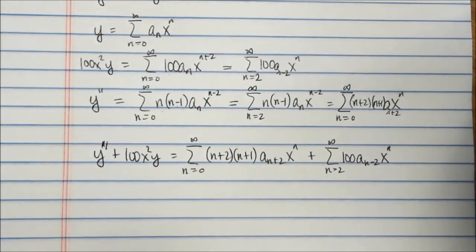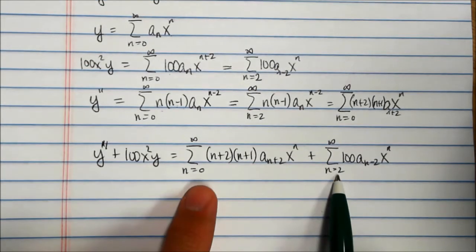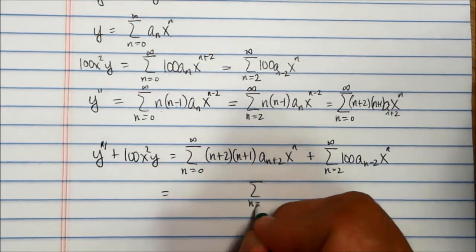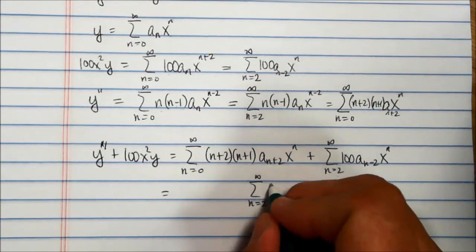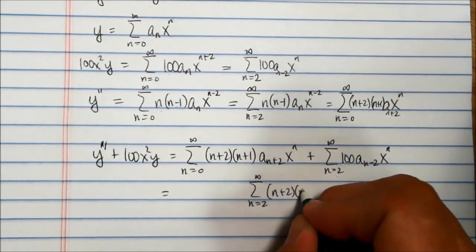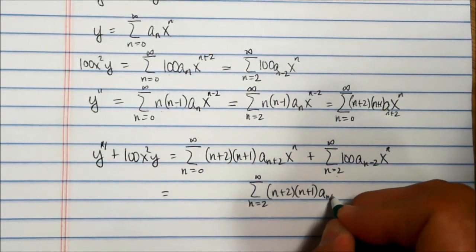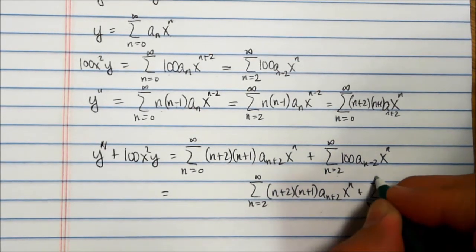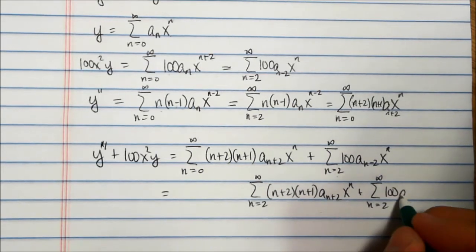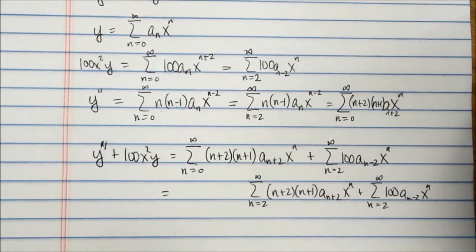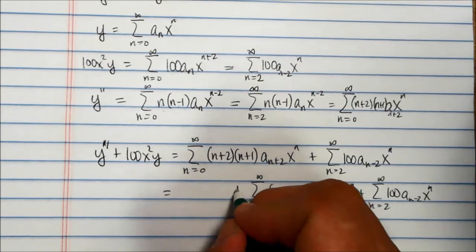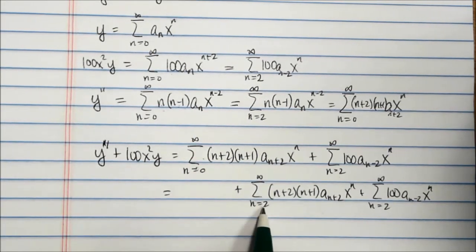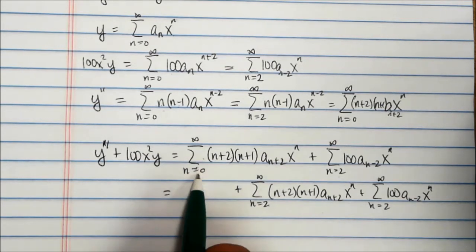And I've almost got this lined up to add up, except that these start at different places. So let's make them start at the same place, n = 2: (n+2)(n+1) a_(n+2) x^n, plus summation n = 2 to infinity of 100 a_(n−2) x^n.